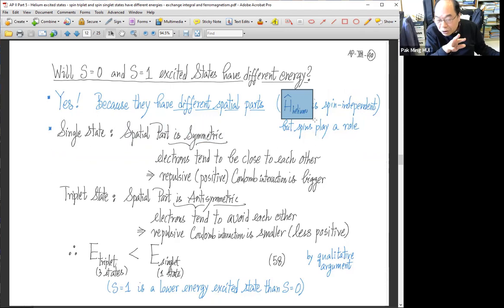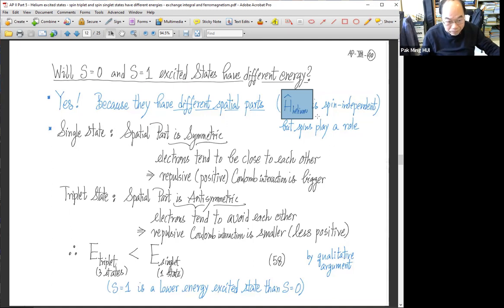For the spatially symmetric part, |r1 minus r2| is on average shorter. The Coulomb term will be bigger, positive. This term is positive. Bigger means higher in energy. For the spatially antisymmetric part, they tend to avoid each other. Thereby, |r1 minus r2| is slightly longer. The Coulomb repulsive term is less big, less positive.